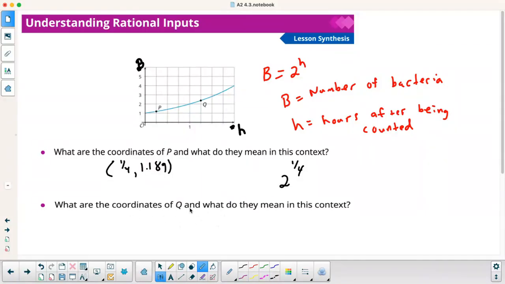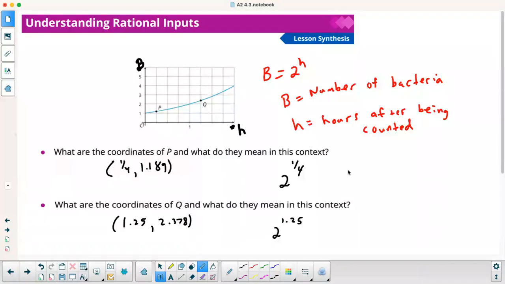What are the coordinates of Q and what do they mean? So Q is 1 1/4. So, maybe I'll keep it all as decimals, 1.25. So I'd have to plug it in. So that'll be a little bit more accurate. 2 to the 1.25 power is 2.378.